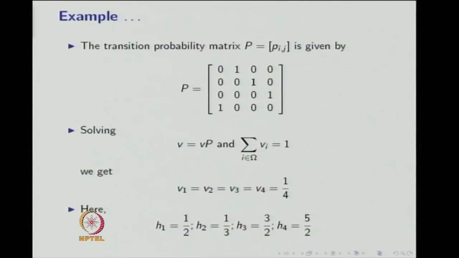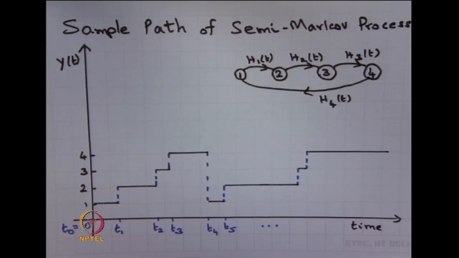The sojourn time in state 3 is uniformly distributed between the interval 1 to 2, therefore the mean sojourn time is 3 by 2. For state 4, the sojourn time is uniformly distributed between 2 and 3, therefore the mean sojourn time is 5 by 2.